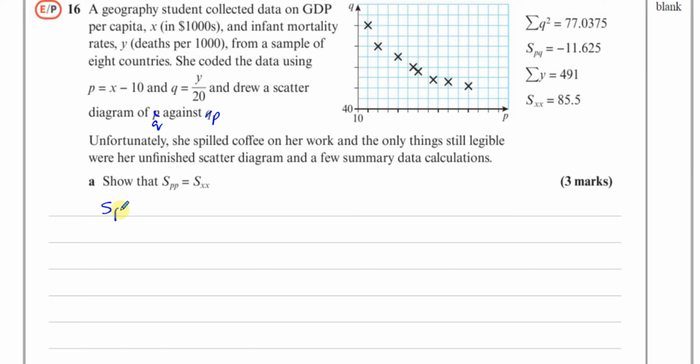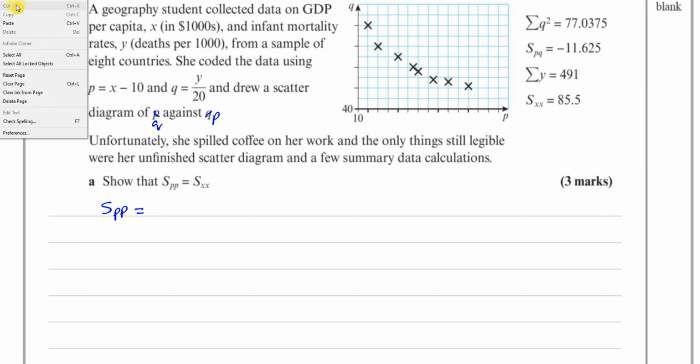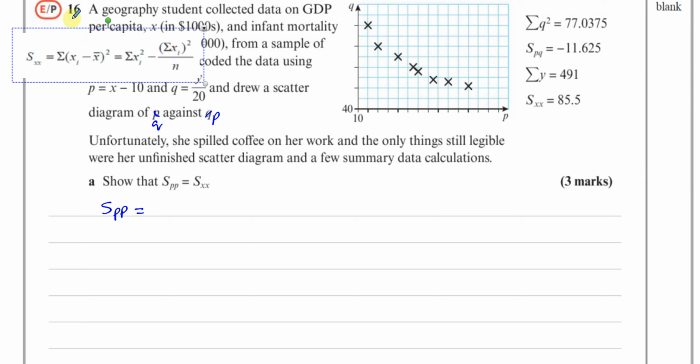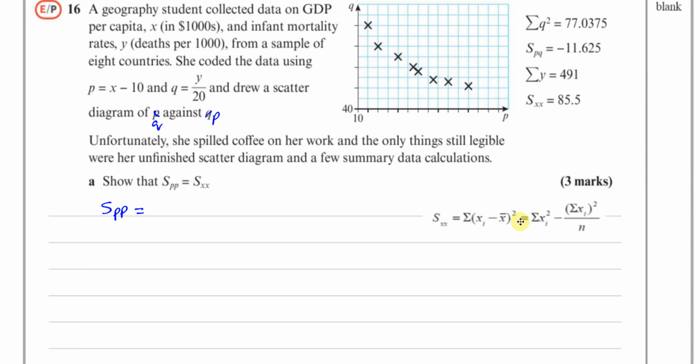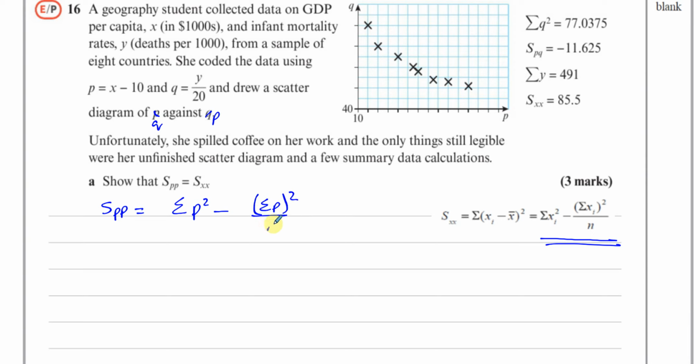So SPP, if we look at the formula that we've been given, let's see if I've got it here. Yeah, so this is the formula from the other page. This is for SXX. So let's relate it to P. Basically, I'm going to be concerned with this part here. This is equal to the sum of, I'm going to use P instead of X now, the sum of P squared, minus the sum of P all squared over N. And I've got to show that this is equal to SXX.